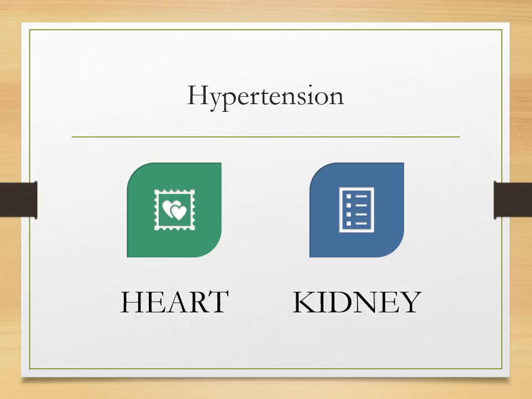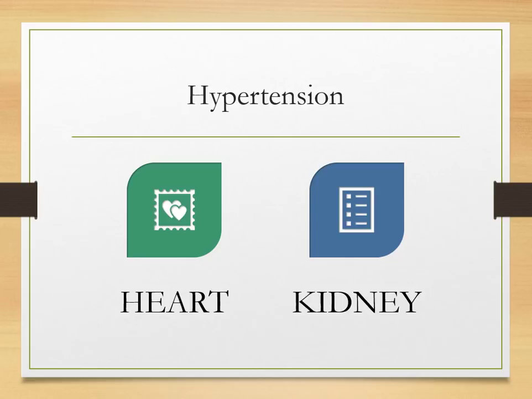As it relates to the ICD-10-CM system, the code set presumes a relationship between hypertension and heart involvement, and hypertension and kidney involvement. In the alphabetical index, the two conditions, heart and kidney, are linked by the term "with."